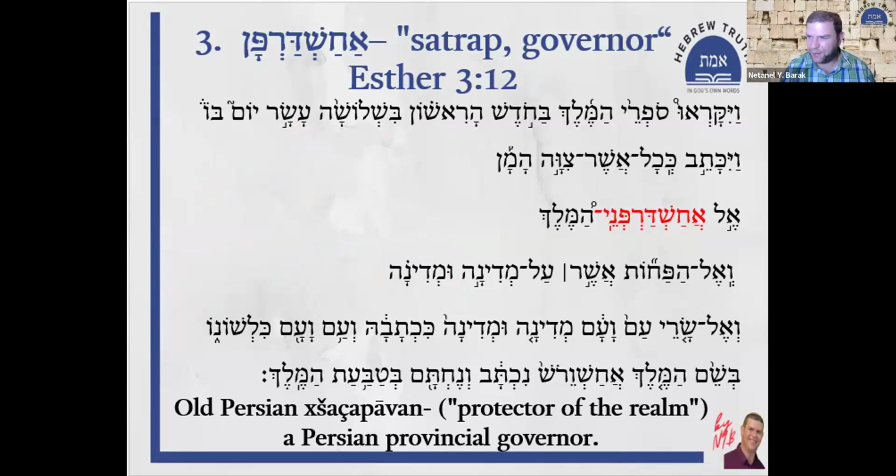Okay. Very good. So we've talked here about, oh, now I do owe Ron an answer about the word. It's not related etymologically because Achashverosh, as we said, is male king, and Chashtrapawan means the protectors of the realm, not the same word.